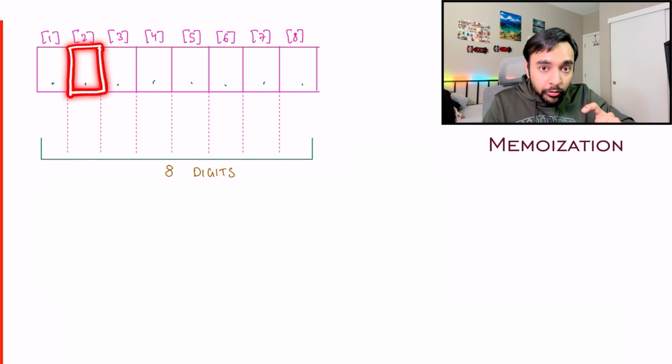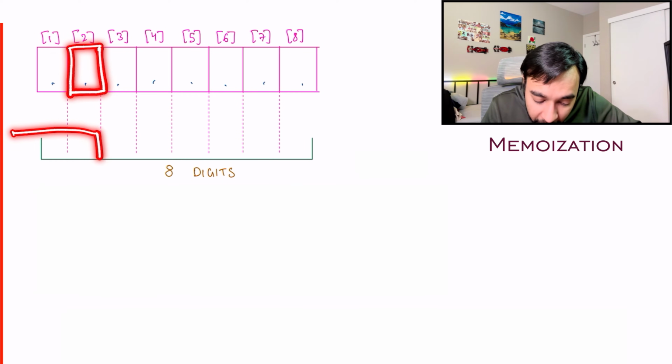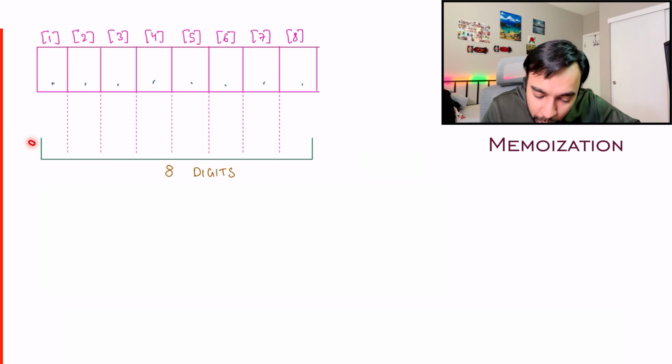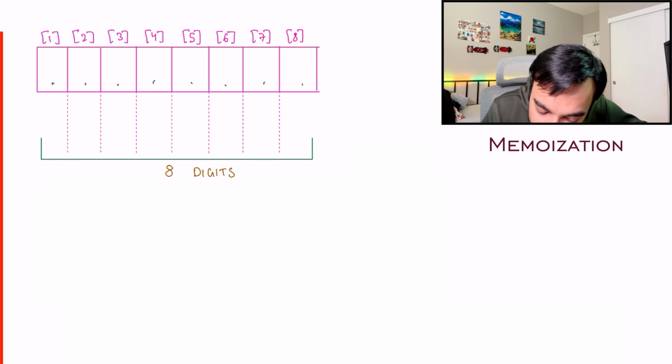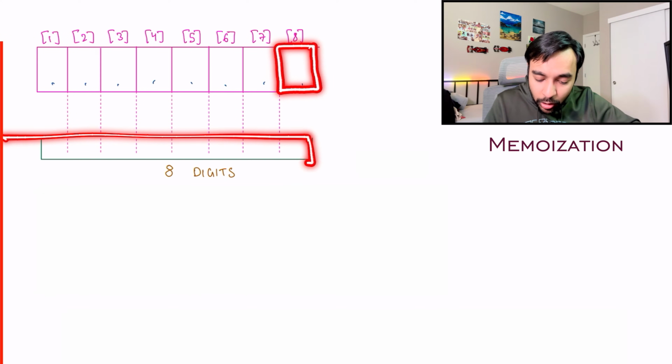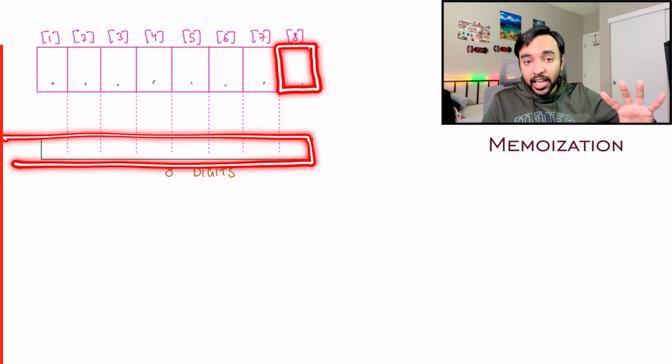Position 2 will store the total number of ways to decode when the length of your string is 2. Similarly, you keep moving ahead, and the last location will store the total number of ways you can decode when the length of your string is 8, correct?